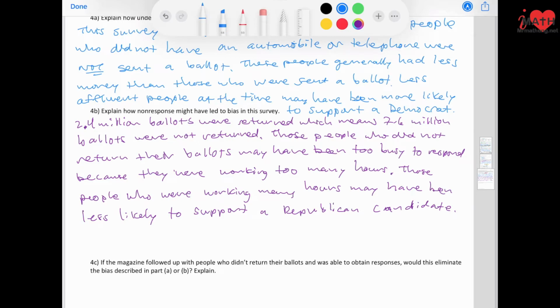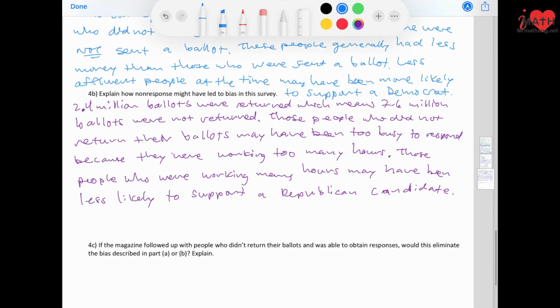Okay, if the magazine followed up with people who didn't return their ballots and was able to attain responses, would this eliminate the bias described in either Part A or Part B? Explain.